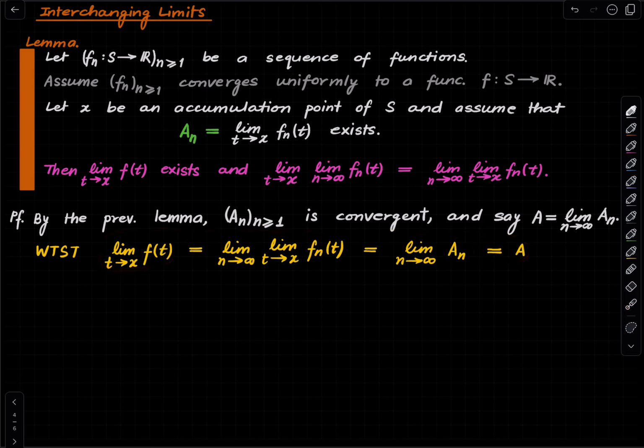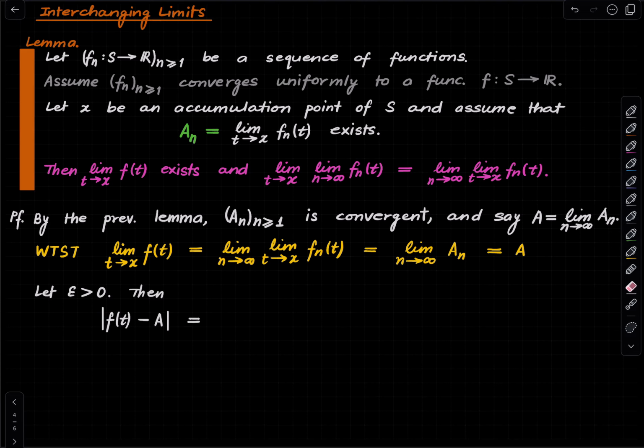Okay, so fix epsilon greater than 0. Then this difference is what we want to estimate as t approaches x. So this difference we will break into 3 parts.